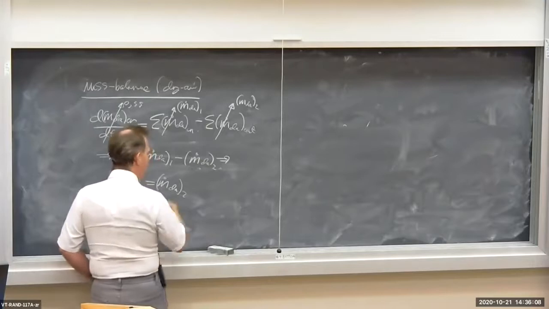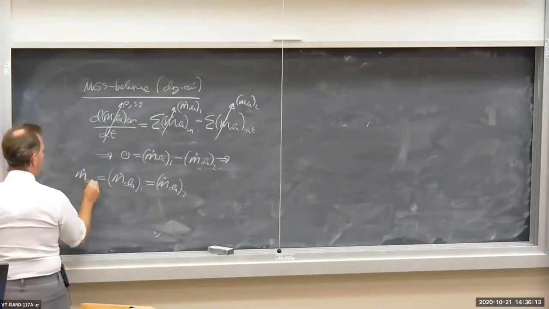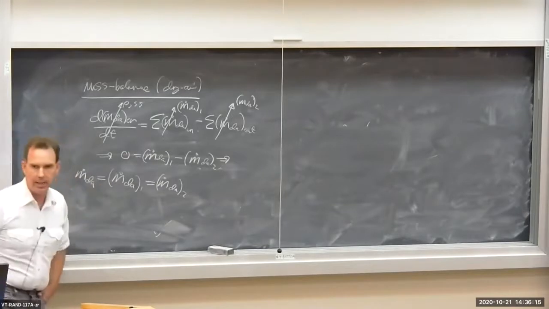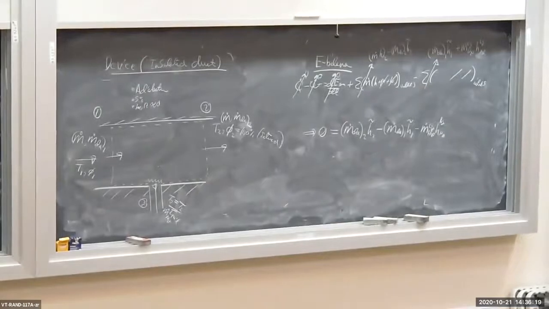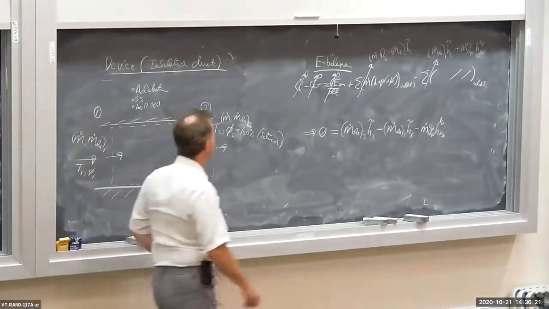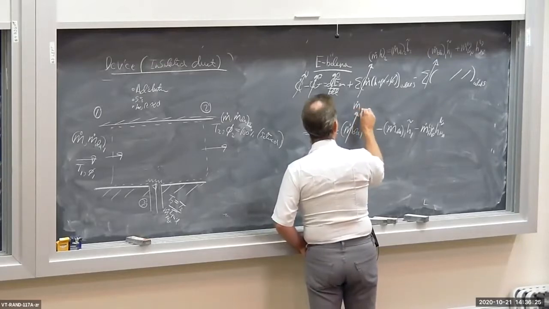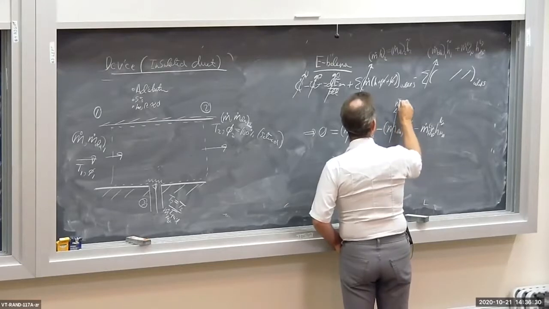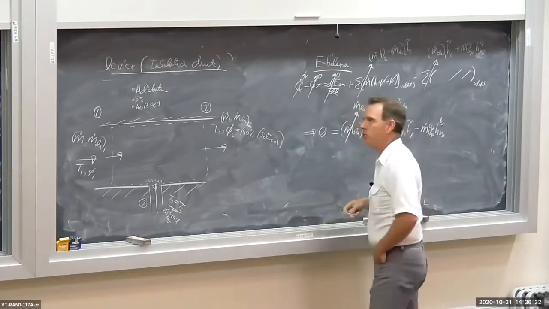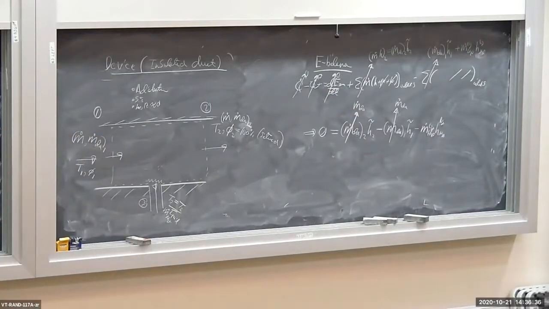Or if you like, since it's all the same, I am just going to call it m dot dry air. Whatever that is, it's the same on the left as on the right, okay? So all these m dot dry airs become a single m dot dry air, because it's the same on the left and the right. I'm not adding any dry air anywhere to my duct, okay?